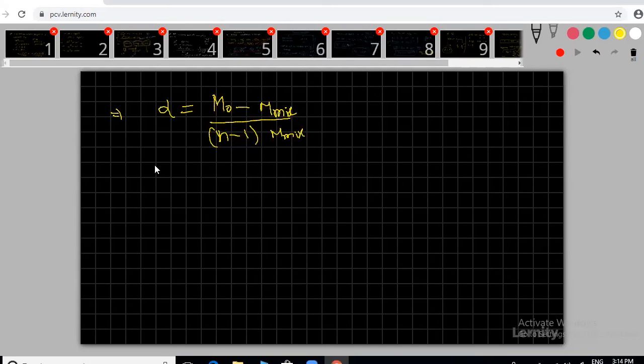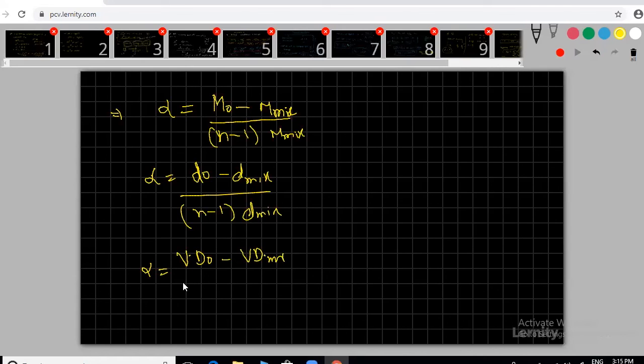Or alpha equals, in terms of density, initial density d naught minus d mixture by n minus 1 into d mixture, or in terms of vapor density, initial vapor density minus vapor density of mixture by n minus 1 into vapor density of mixture.